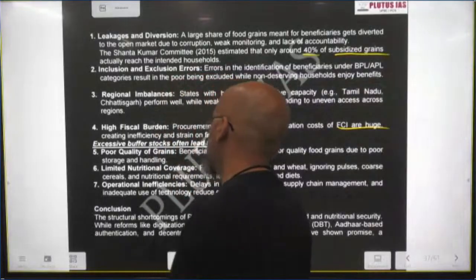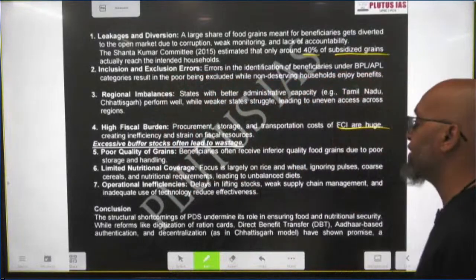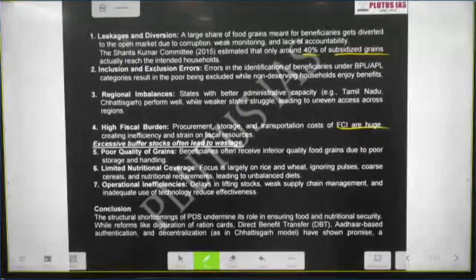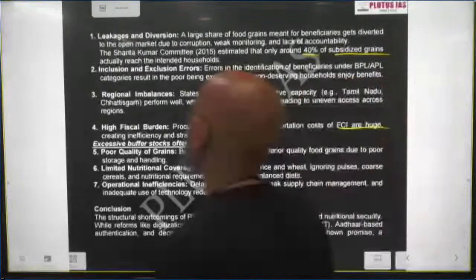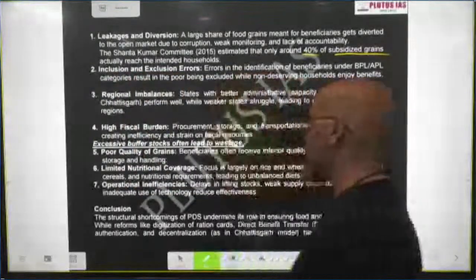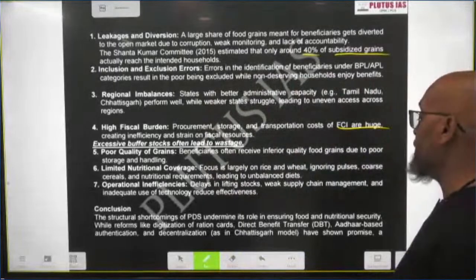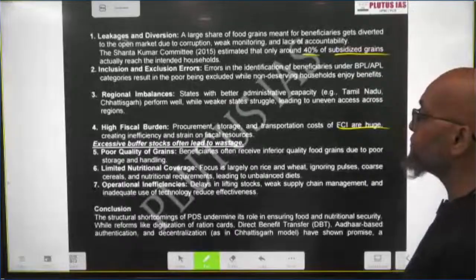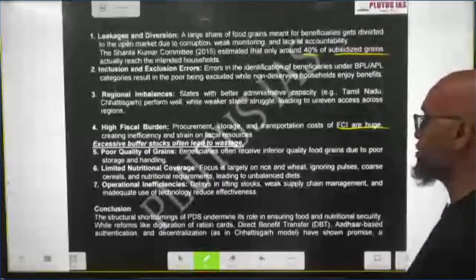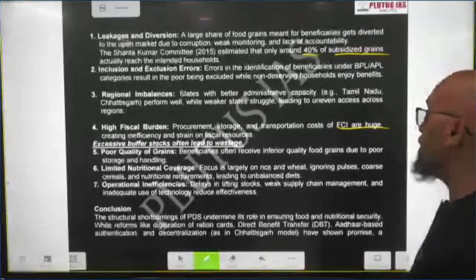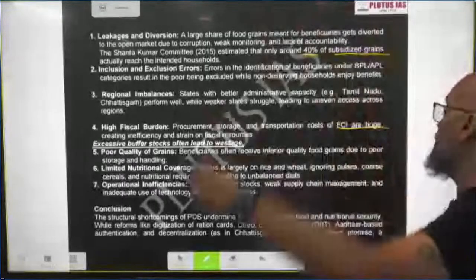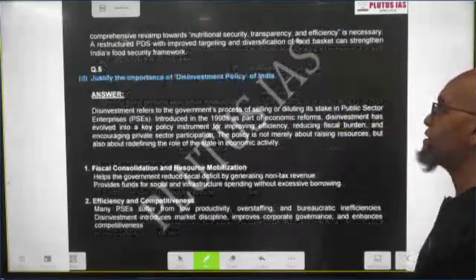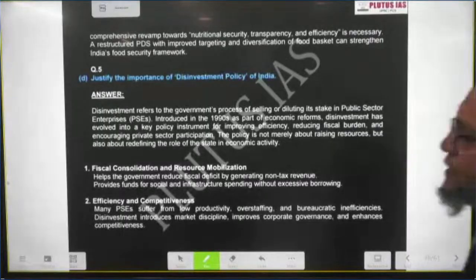Operational inefficiencies: delays in lifting stocks, weak supply chain management, and inadequate use of technology reduce effectiveness. Conclusion: the structural shortcomings of PDS undermine its role in ensuring food and nutritional security, while reforms like digitization of ration cards, DBT, Aadhaar-based authentication have all shown promise. Okay, so this you could have written.